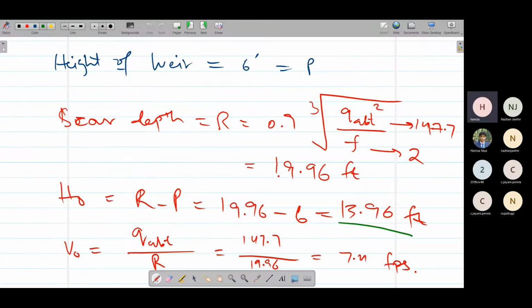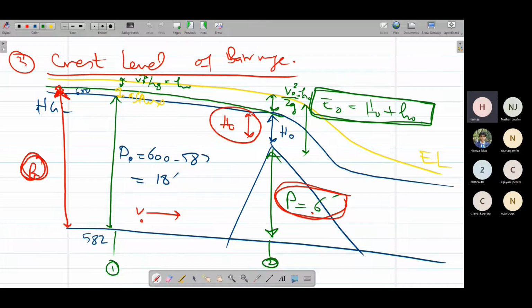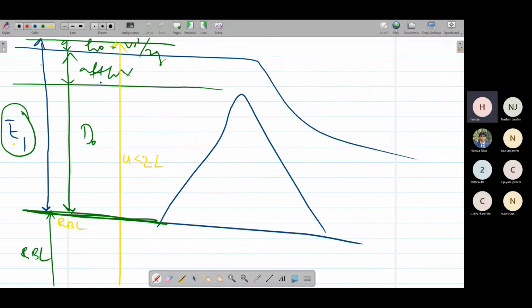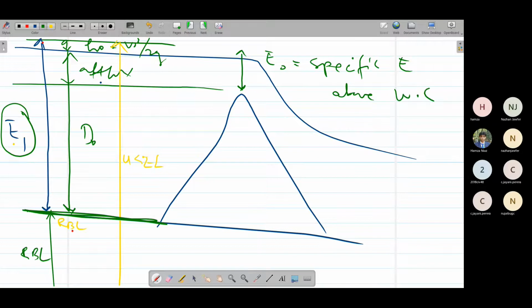Now finally, what this step was, we have to determine the crest level. So the crest level we can find as this total energy at the upstream level minus this E naught, that is the specific energy above the weir crest.